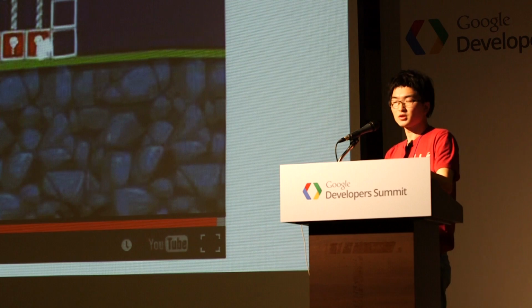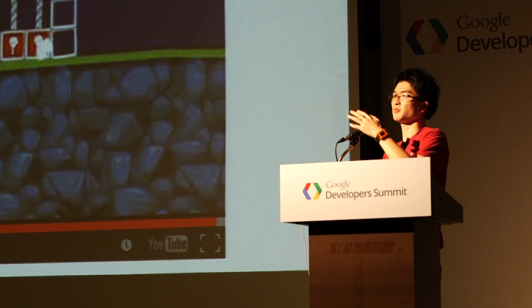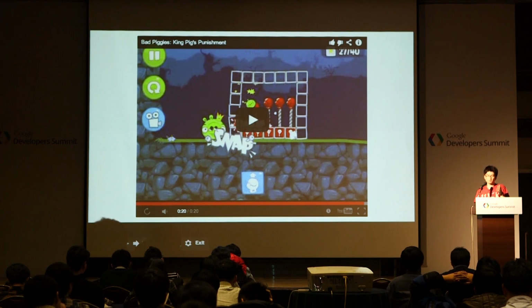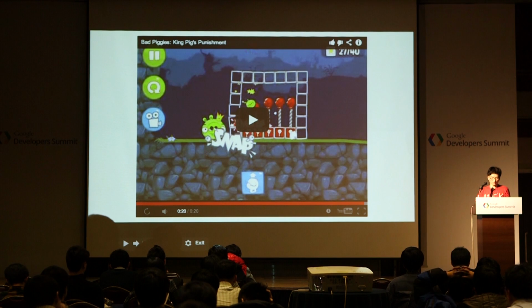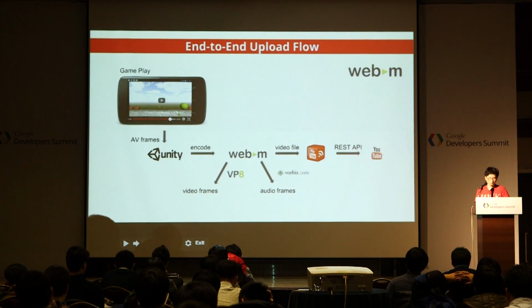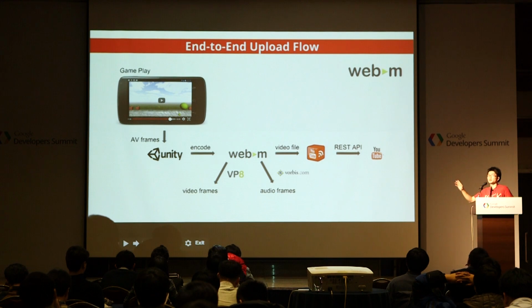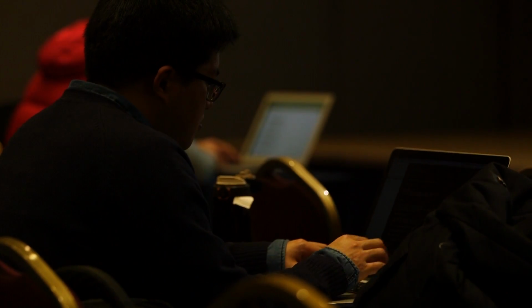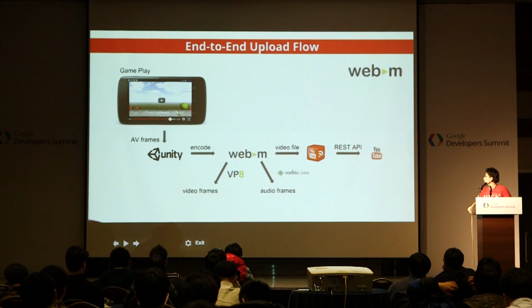But in some cases, you cannot use these kinds of third-party libraries, or you'd like to implement the recording part by yourself. So I'd like to explain how you can implement that part. In this case, this is using Unity, which is also a framework, but I think you can do it by yourself.